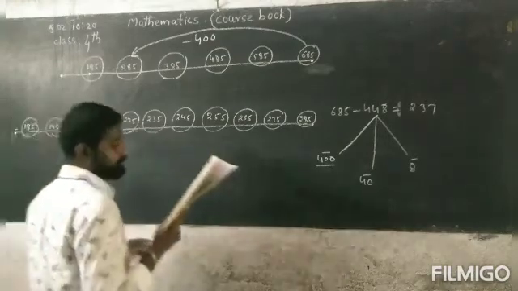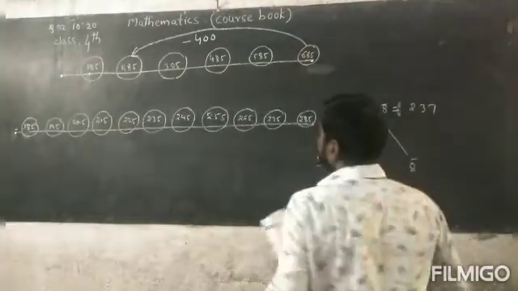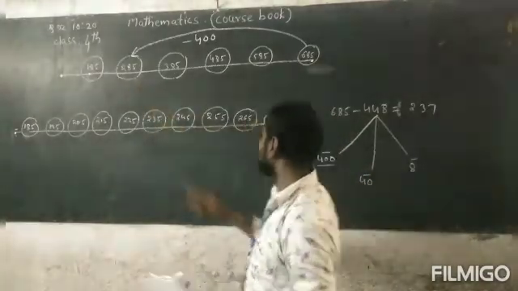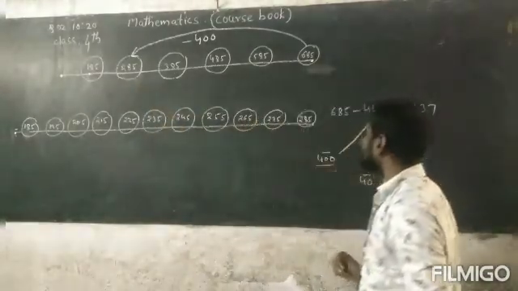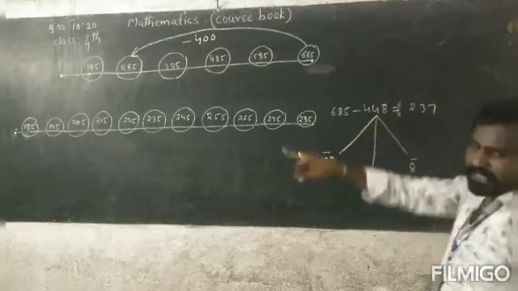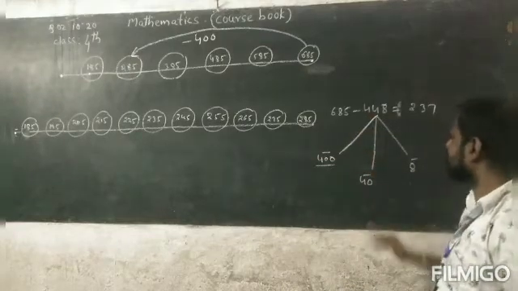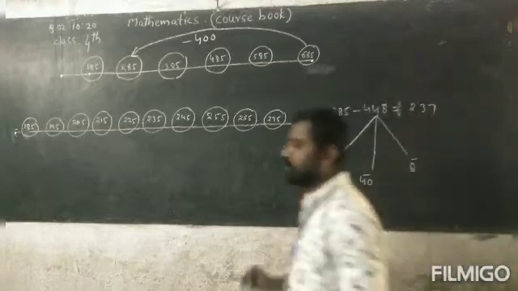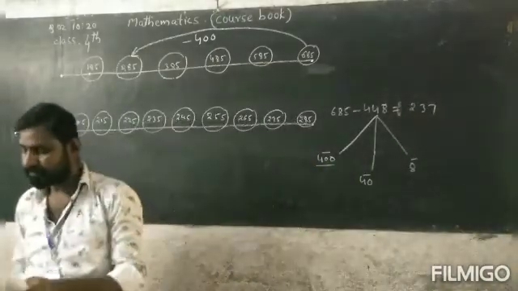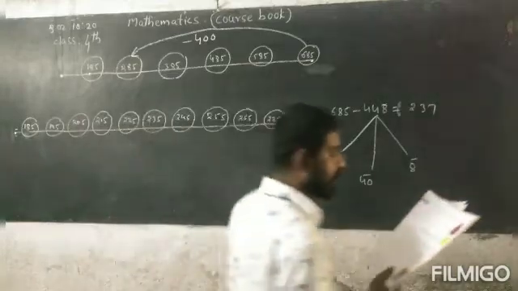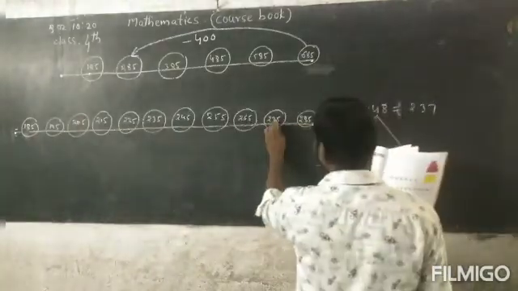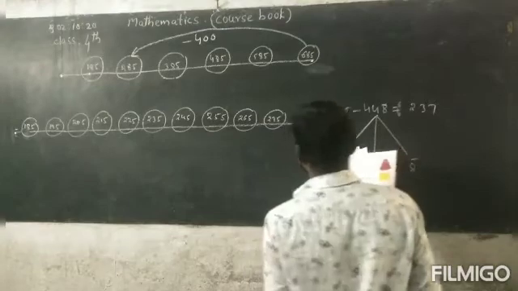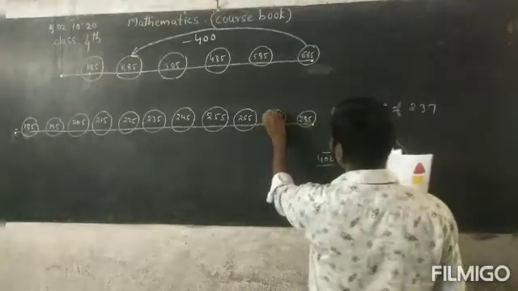So you can write. See here, 285, this is the 285. Next, so 100's place is completed. Next we have to go to 10's place. 4 is in 10's place, 40. 40 is subtracted from 285, beta. So how many steps we have to take? 4 steps. 1, 2, 3, 4. Not here, you can count here to here, here to here.